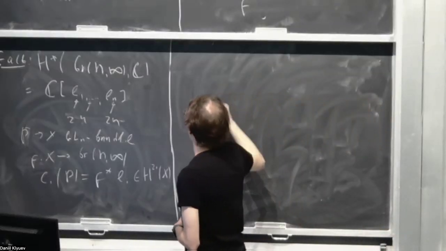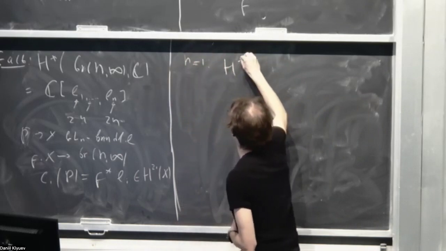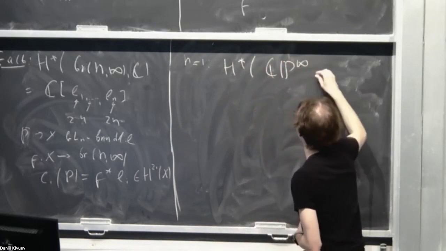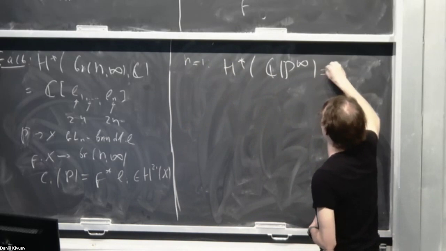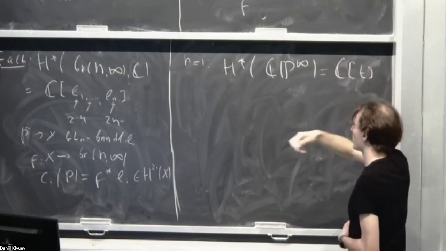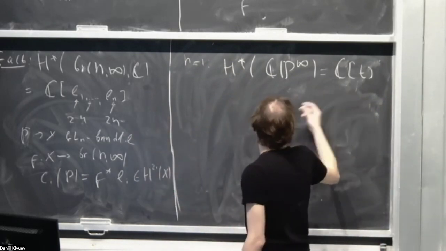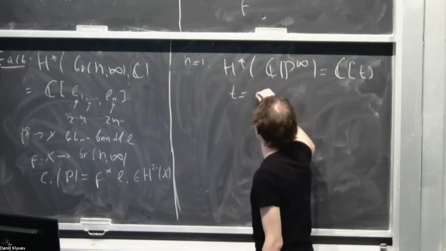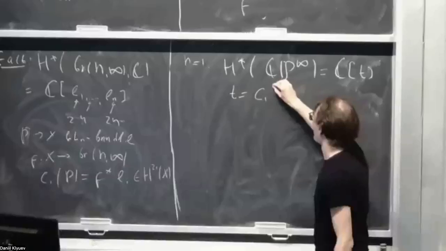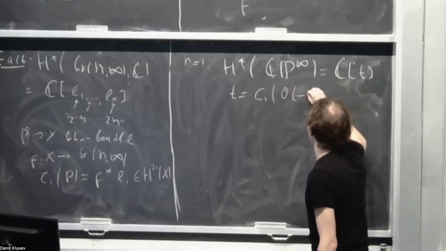So for n equal 1, H star of CP infinity is C of c, and we can also do it here, but here it's just easier to write. So T is, by definition, the first Chern class of O(-1).